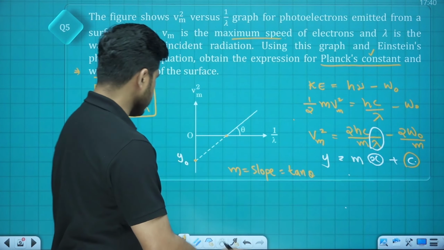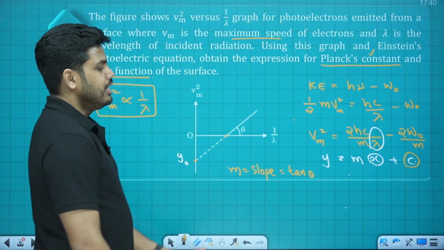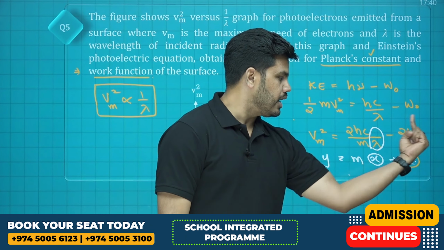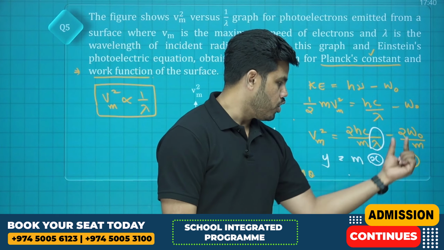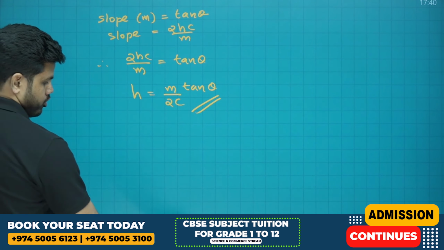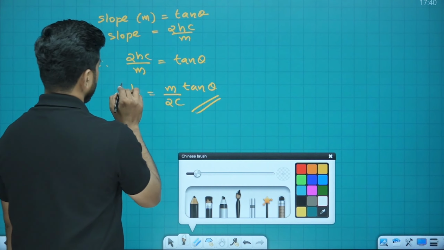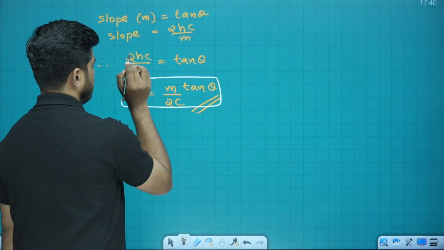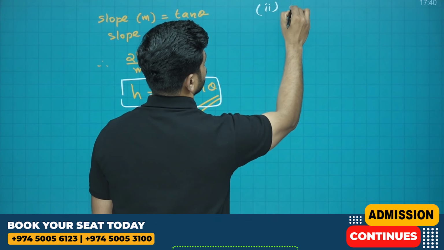The y-intercept is c, which I am taking as y0, for example, that y0 is minus 2 omega naught by m. See, Planck's constant we already found out. That was the first part of the question. Now the second part of the question is to find out the work function.